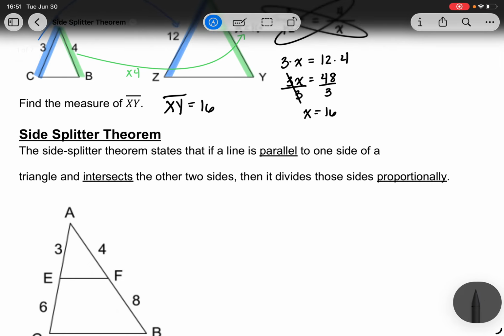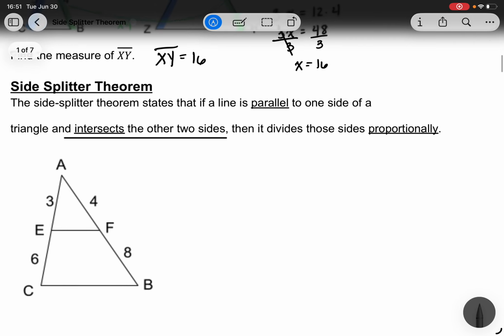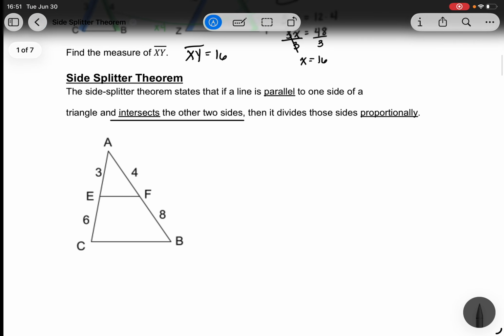But one thing that we should know about Side-Splitter Theorem is it's always going to be two triangles. One triangle is inscribed inside of another, and it will always have a pair of parallel sides. So it's going to have a side that's parallel to one another, and then it has to intersect with the two sides. Every single time we have this, it's going to divide it proportionally.